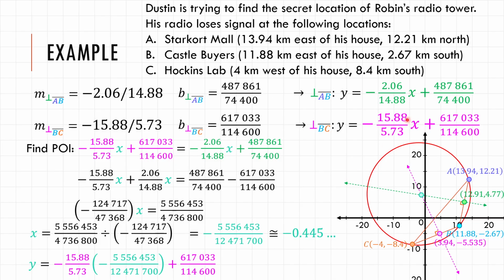And I'm going to plug that into, I could actually put it into either line if I want, but I'm going to actually use this line right here for no particular reason. I'm going to plug x into there and then find the y value by evaluating this. And again, I'm just going to throw that right into my calculator and it'll give me this fraction right here. And here's its approximation. All right, well, now I've got the x and y approximate values, at least of Robin's radio tower.